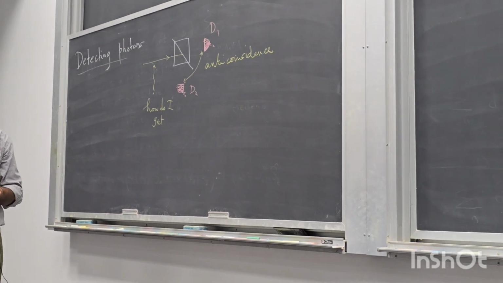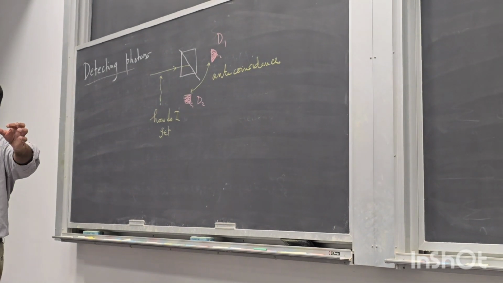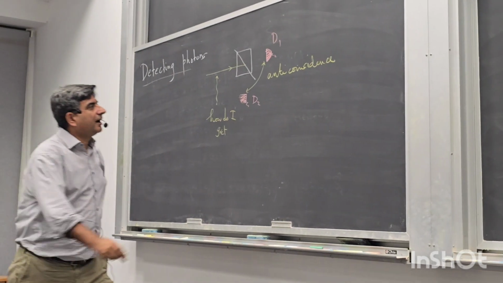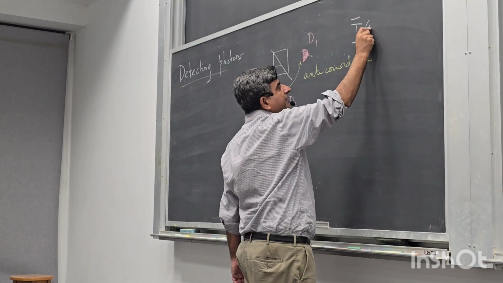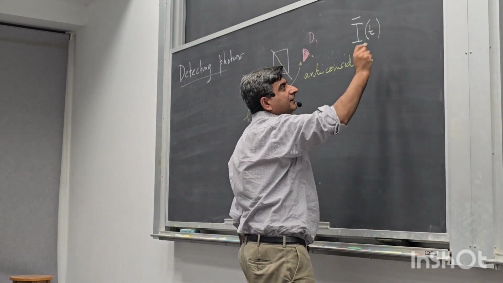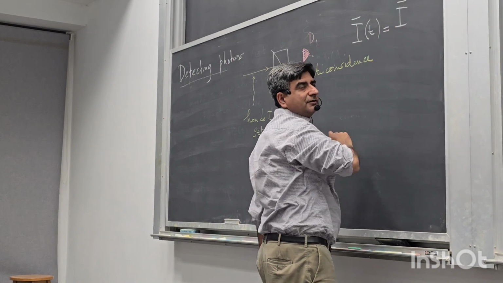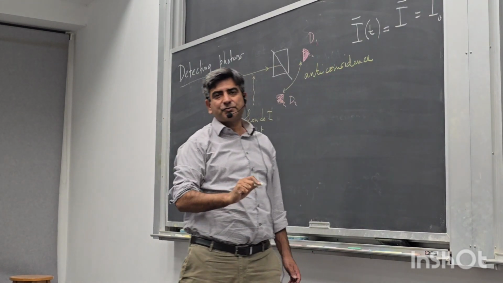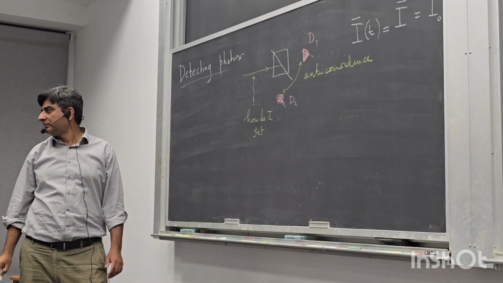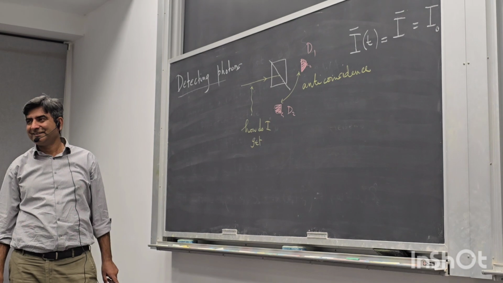And coherent light is the best light you can imagine in the classical world. Perfectly constant intensity. I, cycle average over T, equals the long time average, equals a constant I naught. That's what coherent light is. No change, and it has a single frequency as well.